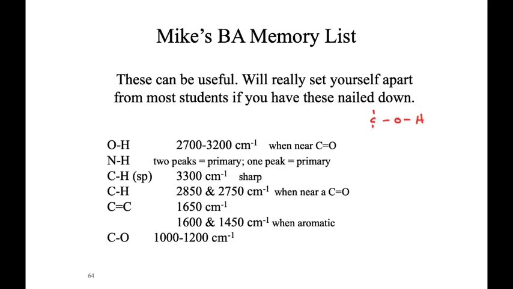We had the OH just near a carbon versus the OH near, what is the difference between those two structures? Okay, I heard one. This is a carboxylic acid. If it's a carboxylic acid, what does that mean about that OH bond?